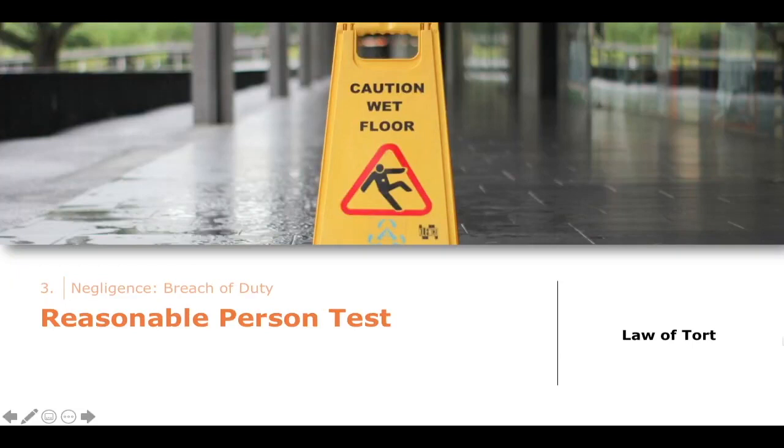In this lesson, what I want to do is talk a little bit more about this reasonable person standard. And we will talk about some of the circumstances in which it is actually adjusted.